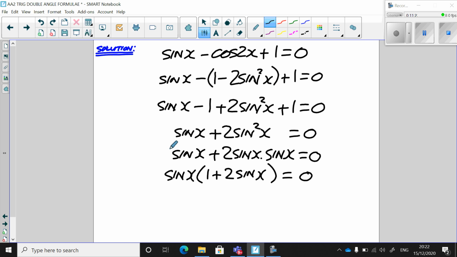If it's single sine x, that's why when I took out a sine x from there and a sine x from there, I was left with, in the bracket, 1 and 2 sine x. So that's why I've got that there in the bracket. It's good to show you. And the common factor was sine x. So that was that part there.